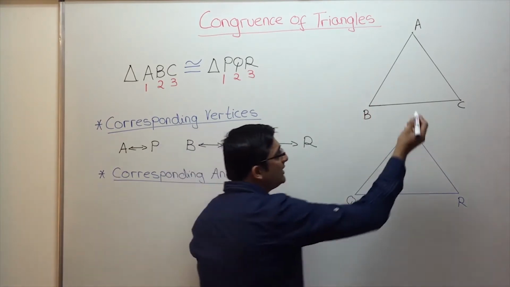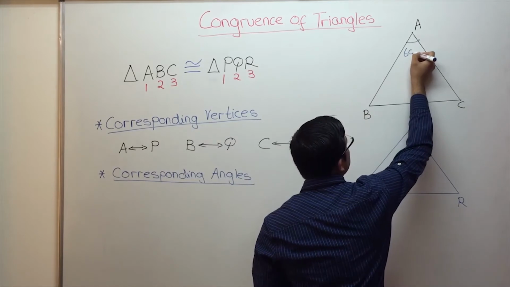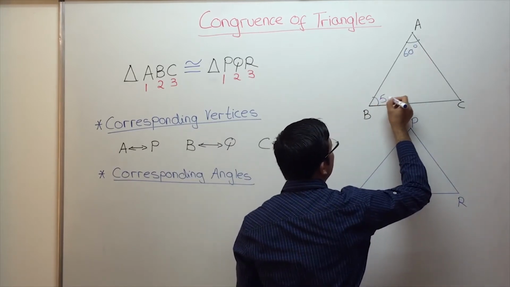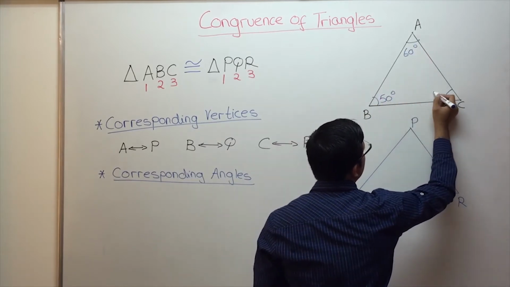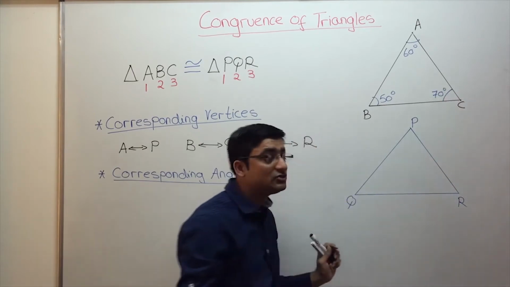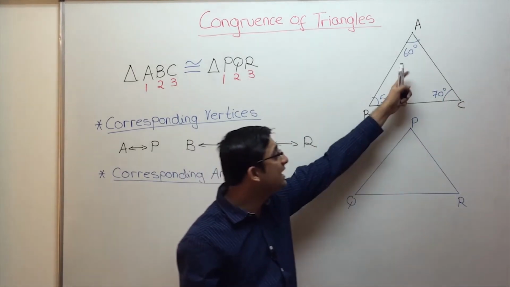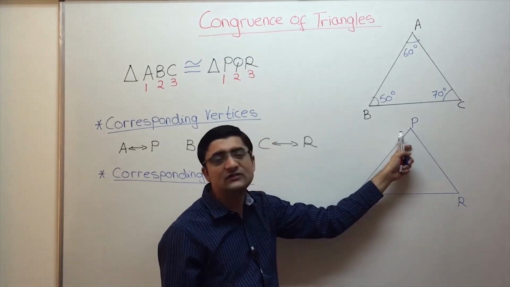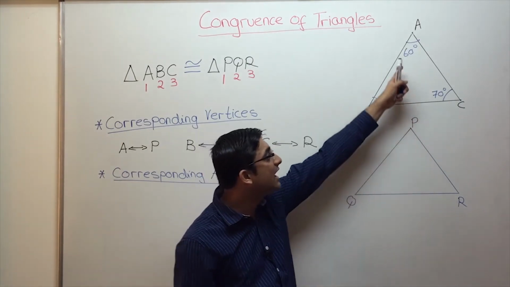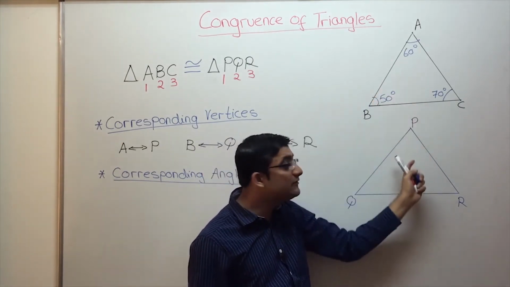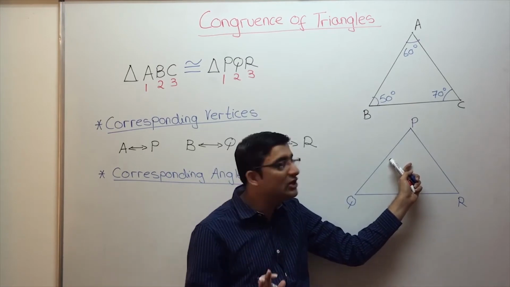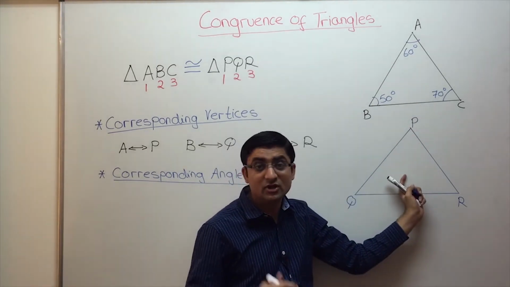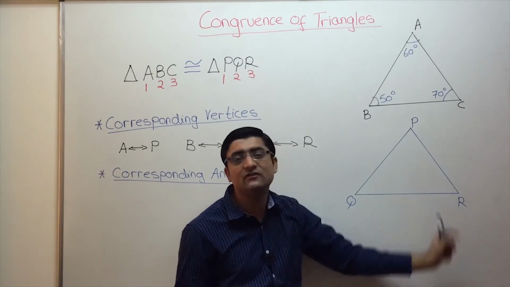For example, this angle could be 60 degrees, this angle could be 50 degrees, and this angle could be 70 degrees, right? I have given the 3 angles over here. I am giving you no angles over here. All I'm telling you is that these two triangles are congruent. So how do you know which angle is 60, which is 50, which is 70?